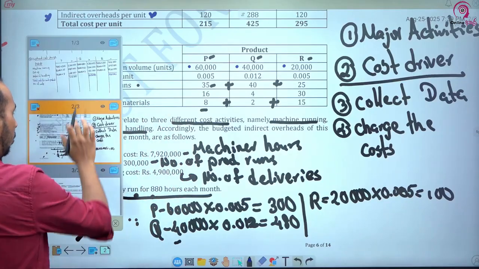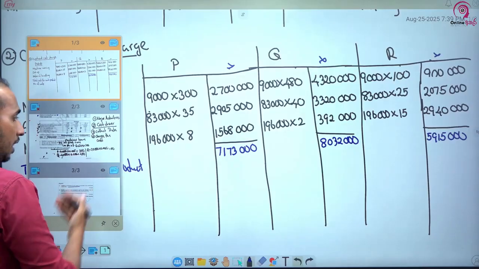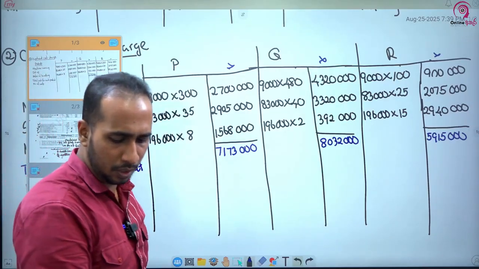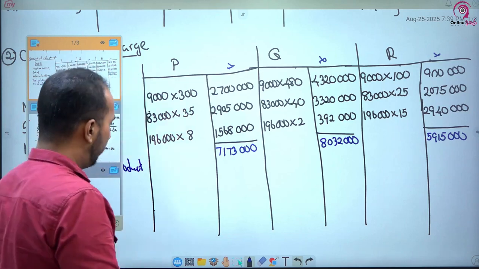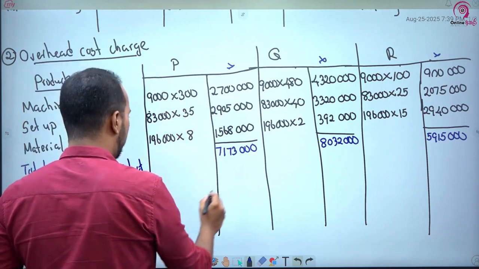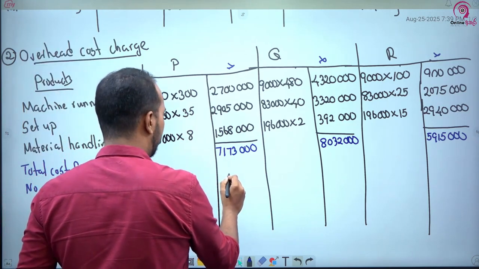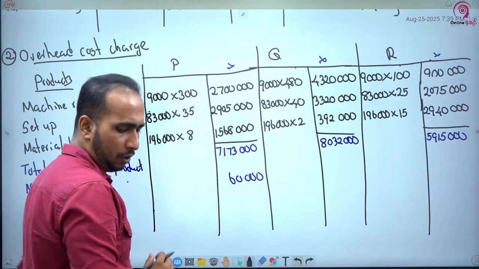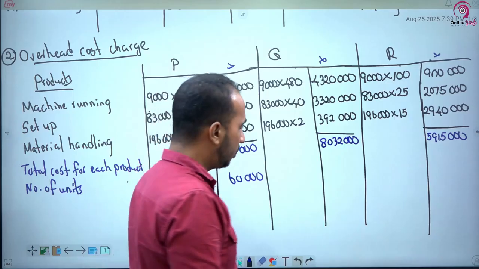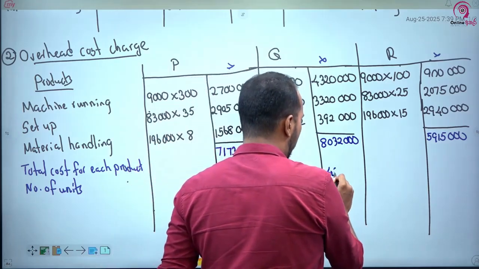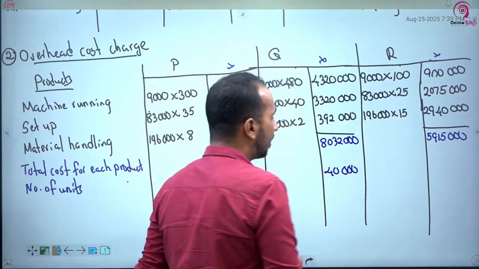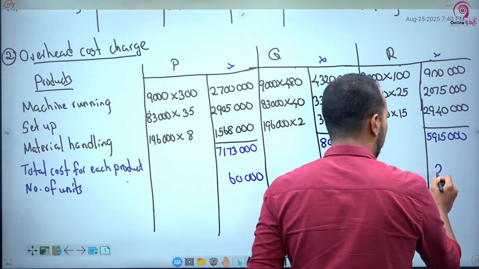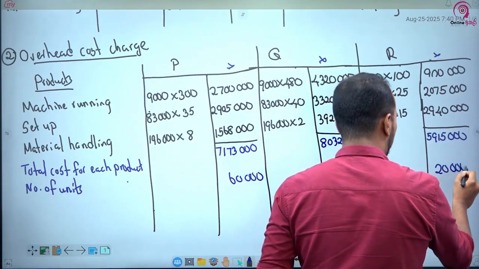Based on this, you can substitute the total production volume. So in the question paper, for product P, it is 60,000 units. Product Q, it is 40,000 units, and product R, it is 20,000 units, right?